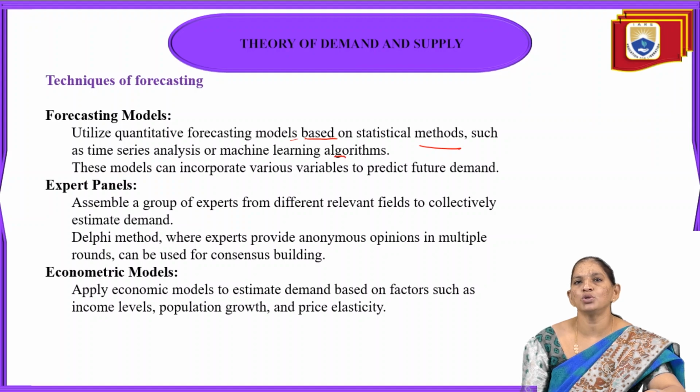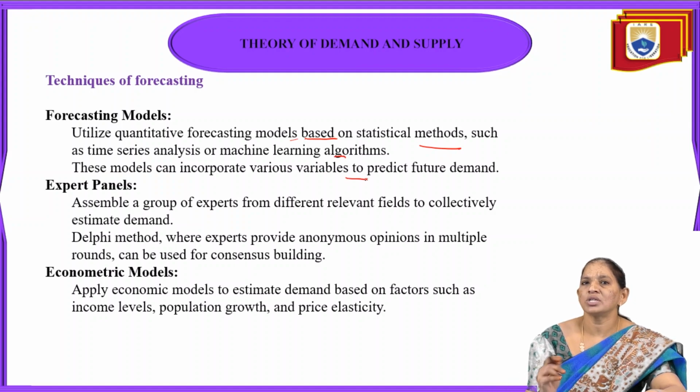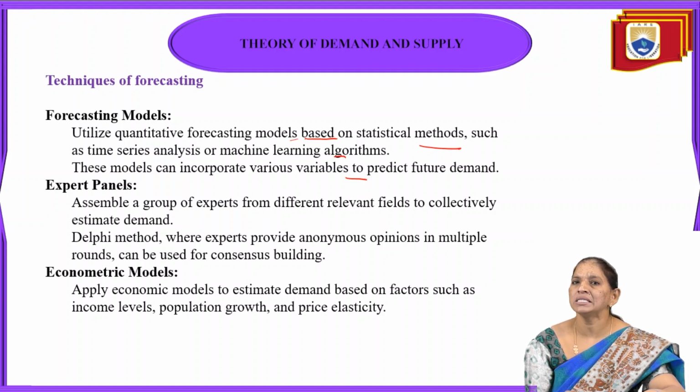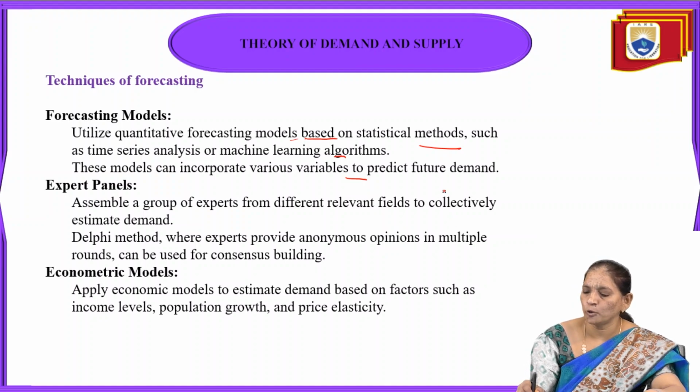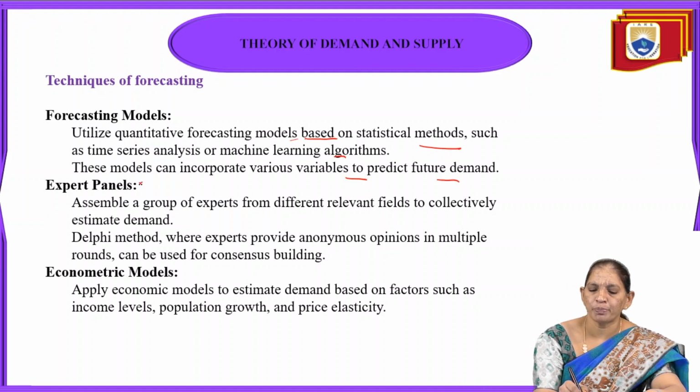These models can incorporate various statistical variables, and we can get accurate forecasting by analyzing the variables in order to predict the future demand of the product. The next technique is expert panels.